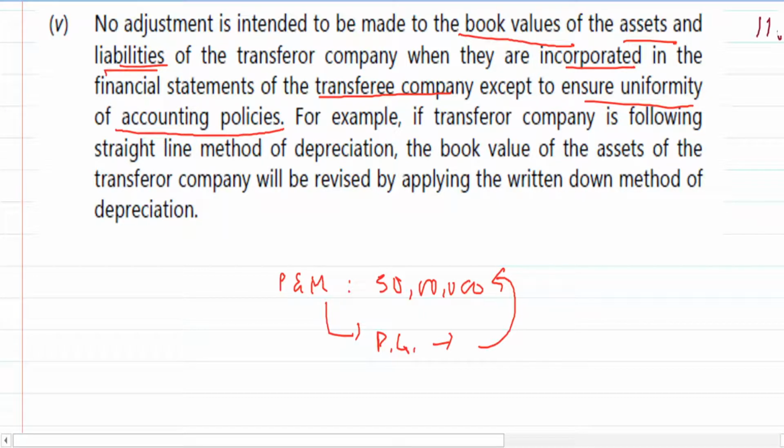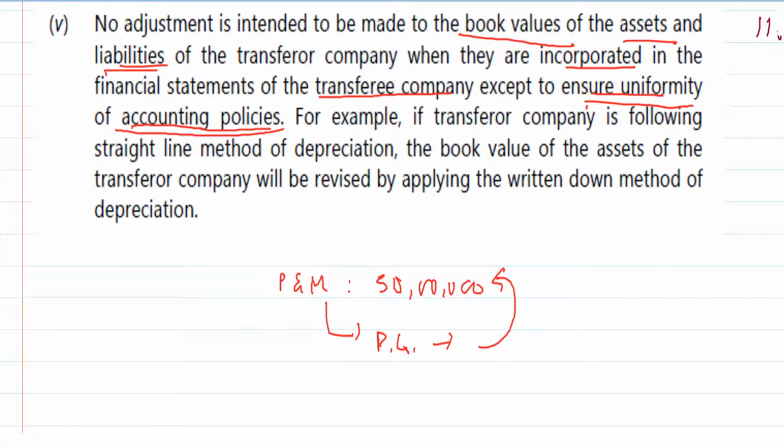Yes, you can make adjustments for ensuring uniformity of accounting policies. And then they've given you an example also: if the transferor company is following the straight line method of depreciation, the book value of the assets of the transferee company will be revised by applying the written down method of depreciation.